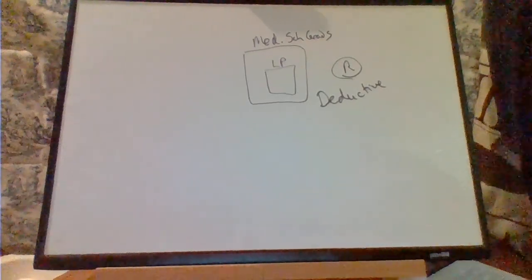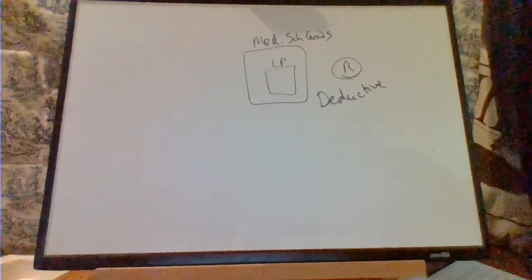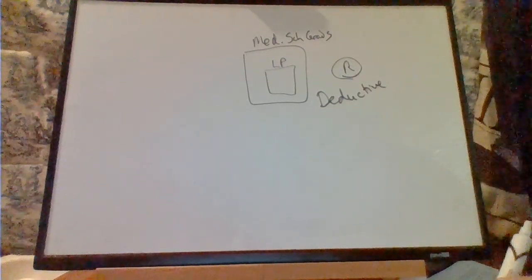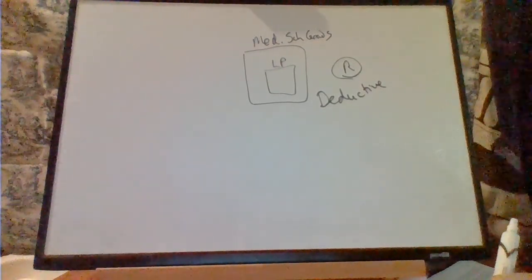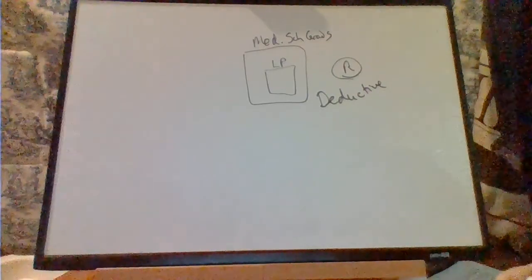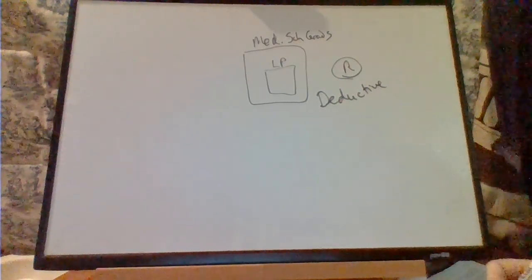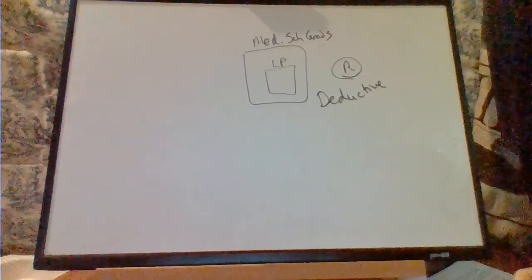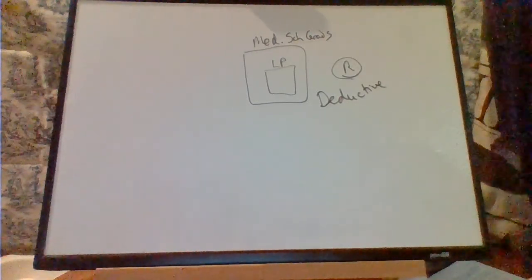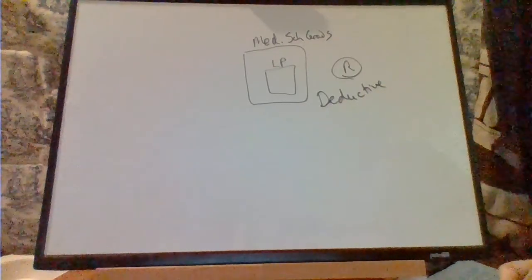All right, well, this is an argument, and it seems to be trying to argue that Ralph is a medical school graduate. If you look at it, you see that we start with a series of individuals, but we're not really building towards a universal idea. We're building towards still another particular.